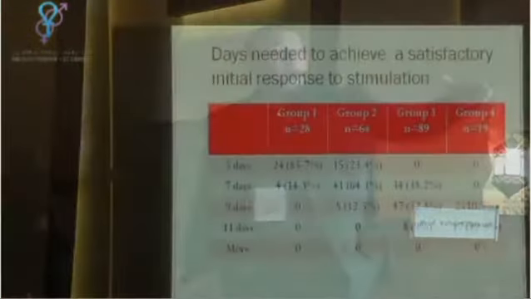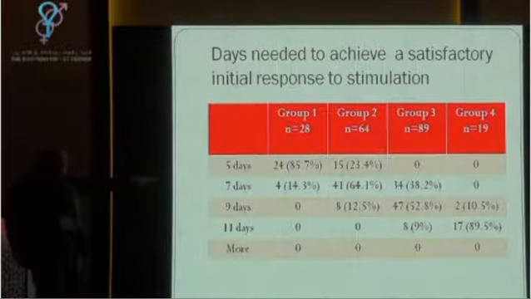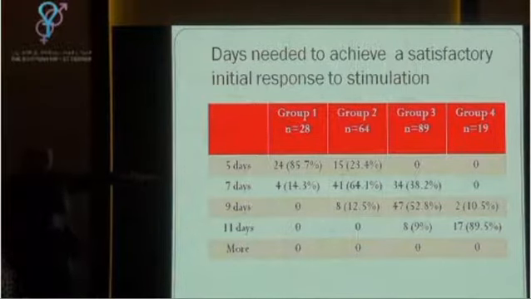As days go, on the 7th day, the first group completed the response. All of the first group are responding. Most of the second group responded, whereas still 38% of the third group were starting to respond, and still 0 response from the last group. On the 9th day, we finished the first group, and the second group is completed.